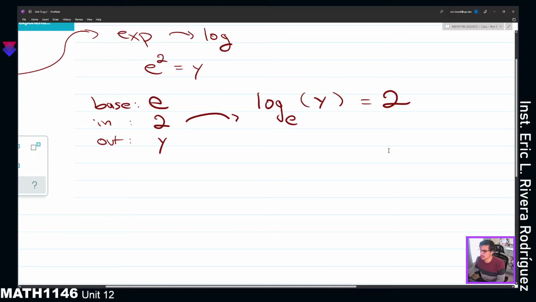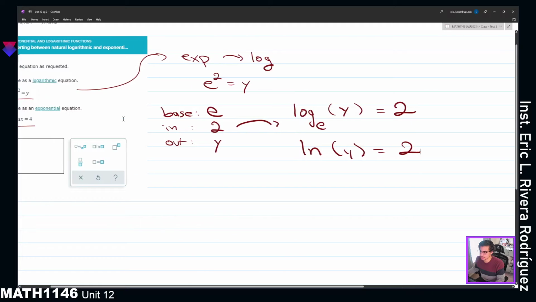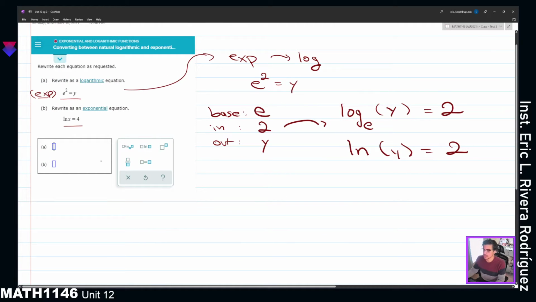That is just a simplification of log base e. Natural log of y equals 2.